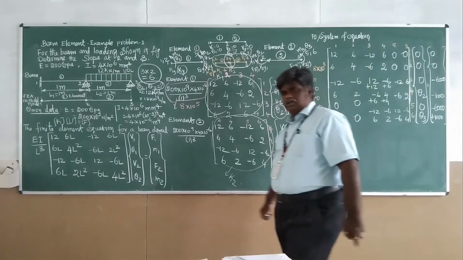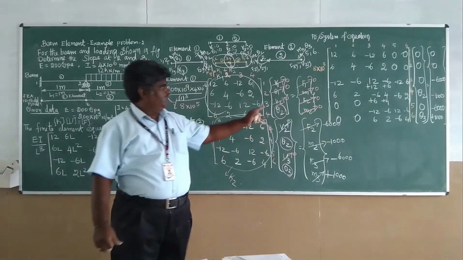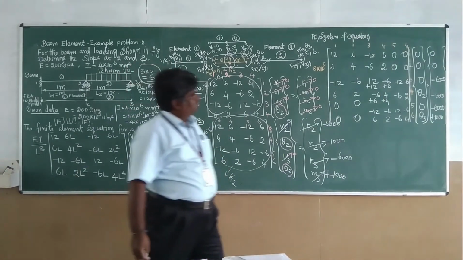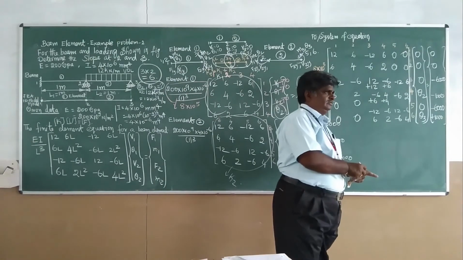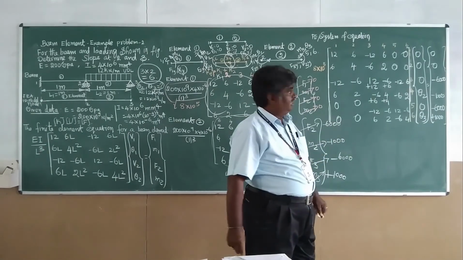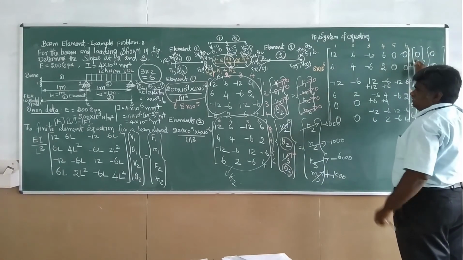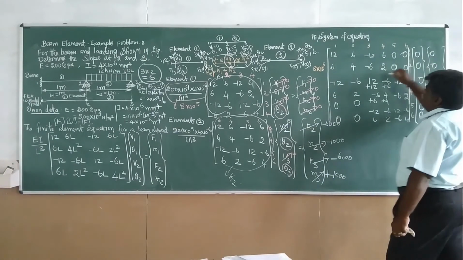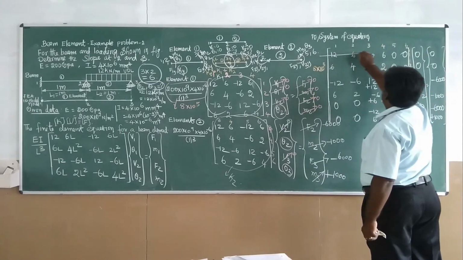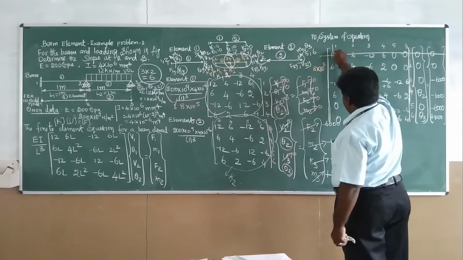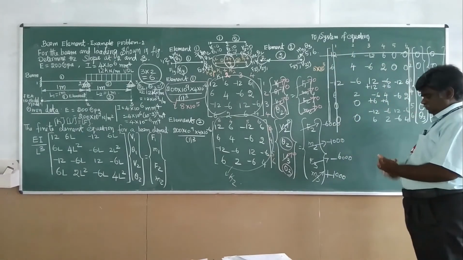Next we have to consider the boundary condition based on the elimination approach. So corresponding row and column we can eliminate based on your support displacement function, that is first row, first column we can eliminate.